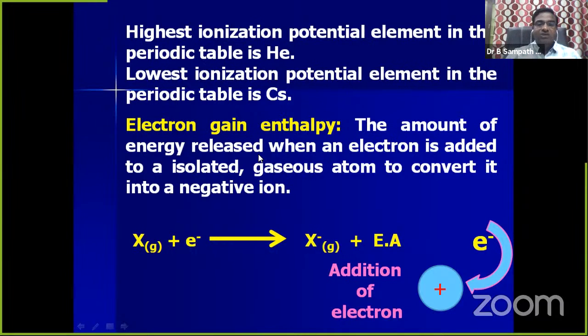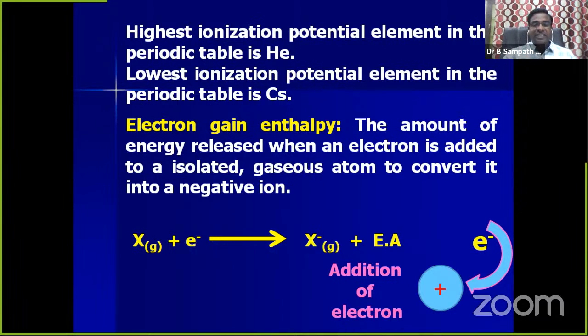So next, children, electron gain enthalpy. What is electron gain enthalpy? It is the amount of energy released when an electron is added to an isolated gaseous atom to convert it into a negative ion. Electron gain enthalpy is completely reverse to the ionization enthalpy.